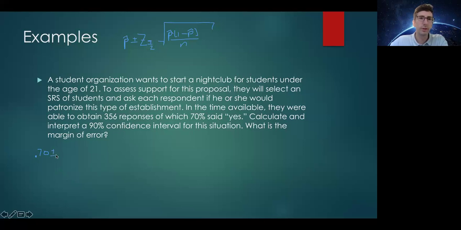We need to add and subtract from that the z value we found, 1.645, multiplied by the square root of 0.70 times 1 minus 0.70 divided by 365.